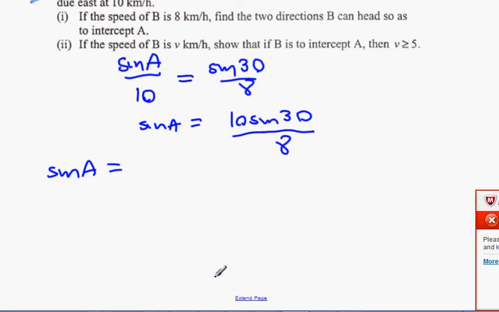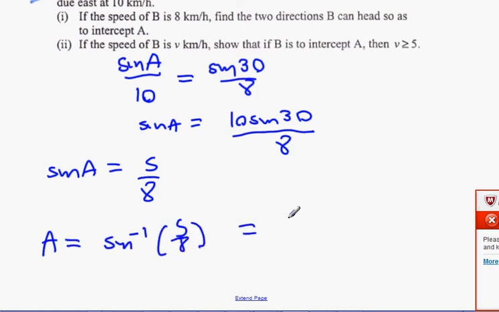Anybody know? Sorry, 5 over 8. Now sine inverse that. Sine inverse 5 over 8 is 38.68.